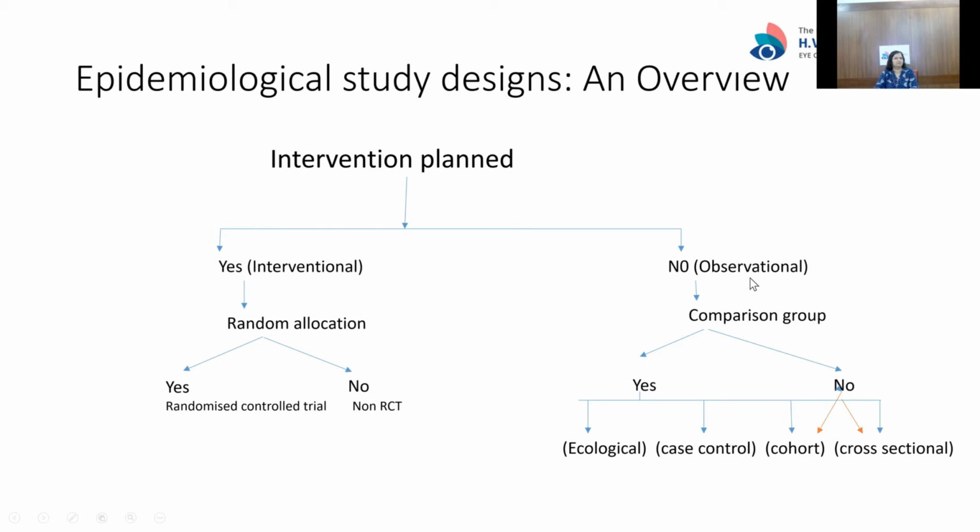Now, coming to observational studies, again, if in an observational study there is going to be a comparison group, then it could be either case control, cohort, or cross-sectional study. If there is not going to be any comparison group, then it could be just cohort or cross-sectional study.